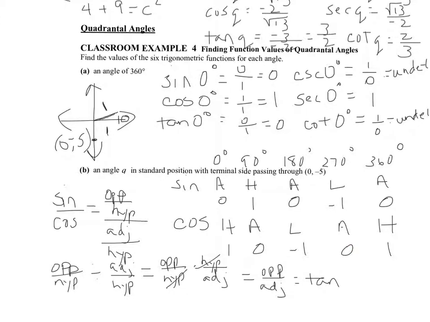So your secant at 270 would be undefined. And we could do the same thing to find the cotangent. You could put cosine over sine, or you could take the reciprocal of tangent if you've already found it. So if I do cosine over sine, 0 over -1 is 0. Make sense? Okay.